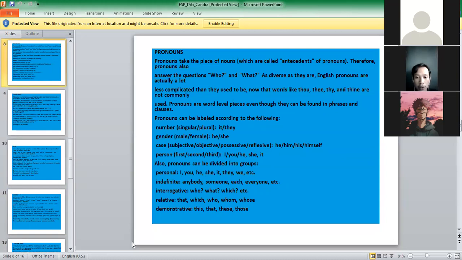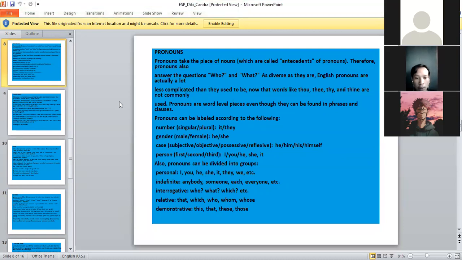As diverse as they are, English pronouns are actually a lot less complicated than they used to be. Note that words like dog, the, die, and time are not commonly used pronouns; they are word level, even though they can be found in phrases and clauses.